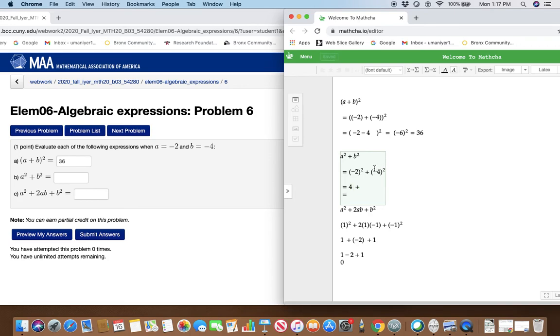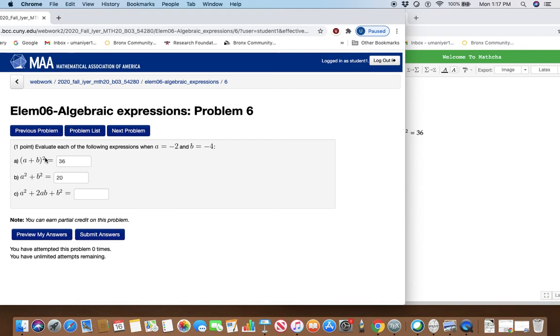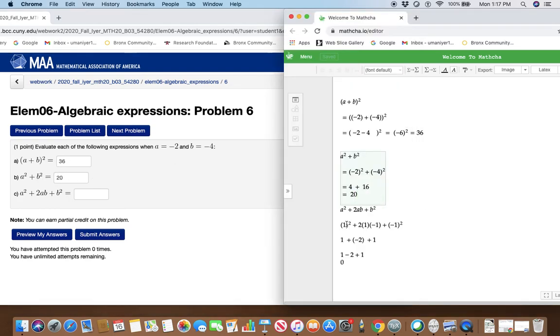When I square, the negative becomes a positive. 4 squared is 16. Overall, 20. So you see, a plus b quantity squared is not a squared plus b squared. Okay, the power doesn't go to each, right? You get different answers. Whereas here, a squared plus 2ab plus b squared.